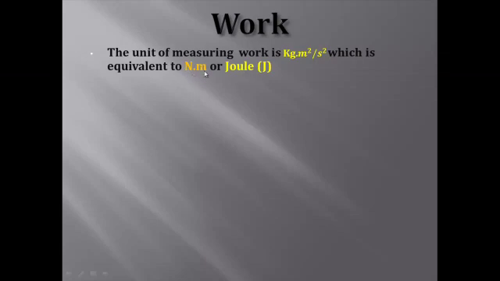Newton times meter: Newton force times meter displacement. Newton equals what? Kilogram meter per second square. So the joule will be kilogram meter square per second square. Dimensions of work: kilogram M, meter square L square, per second square T to the power negative 2.